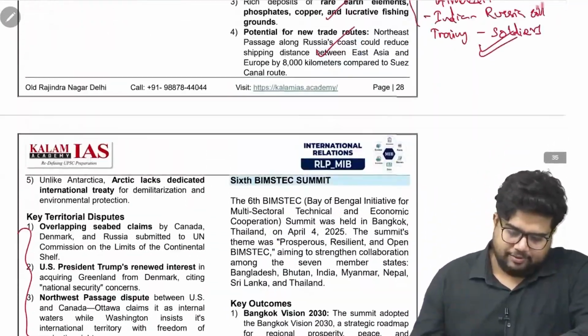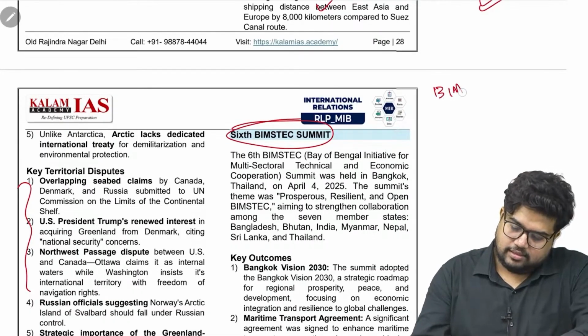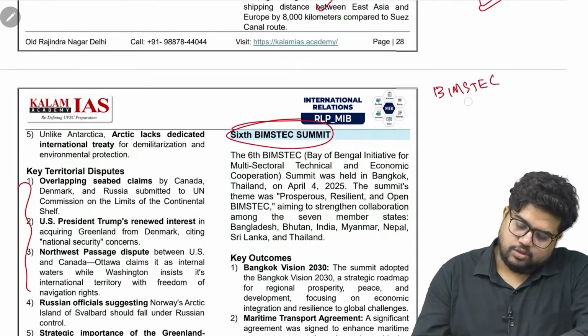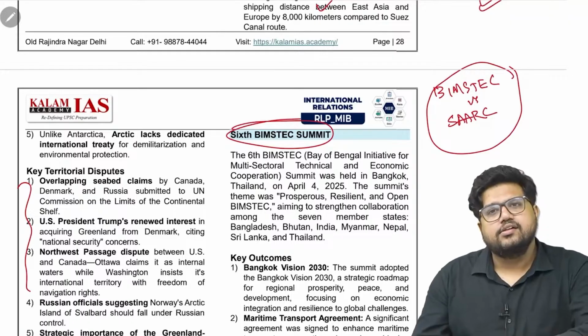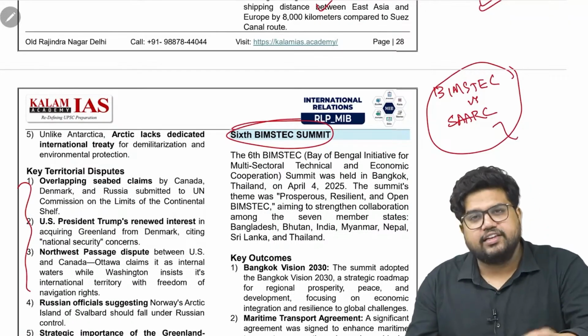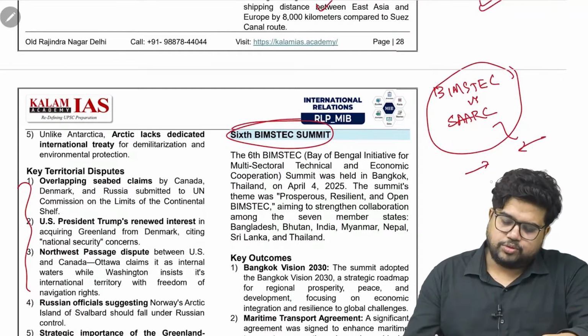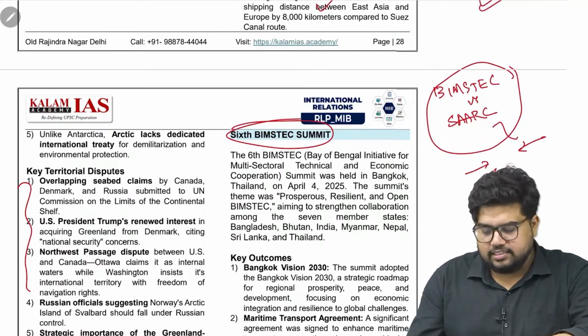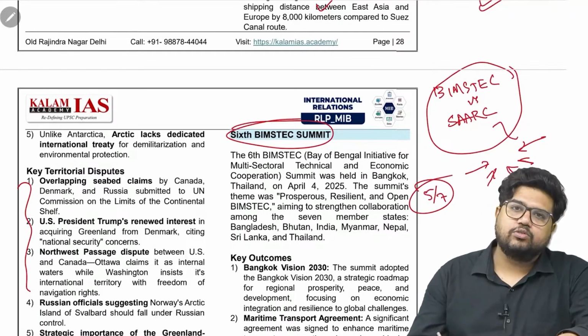So the next topic we have is BIMSTEC. Again, BIMSTEC versus SAARC. So this can be a potential question. Both of these have highly converging interests. Both are handling similar countries. 5 out of 7 countries in SAARC are there in BIMSTEC also.